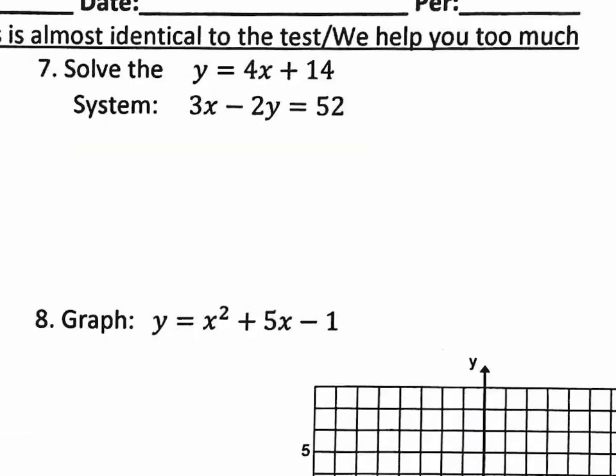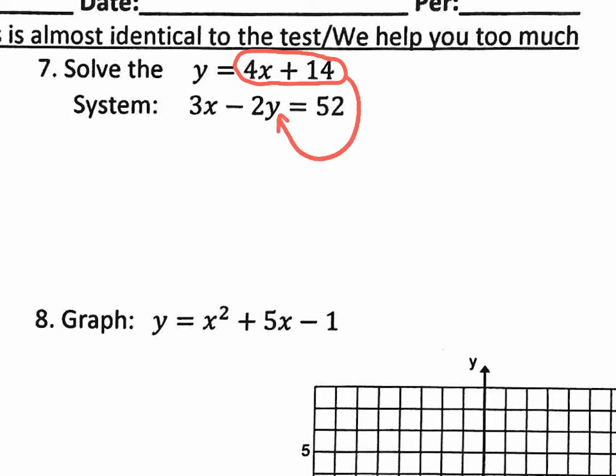Number 7, it also says solve the system. But right here, as you can see, they're not lined up. X is not on top of x's, equals not on top of equals. So you could either line them up by modifying this top equation, or you could substitute. Since y is by itself on the top one, I am going to substitute this y value into the equation on the bottom where the y is at.